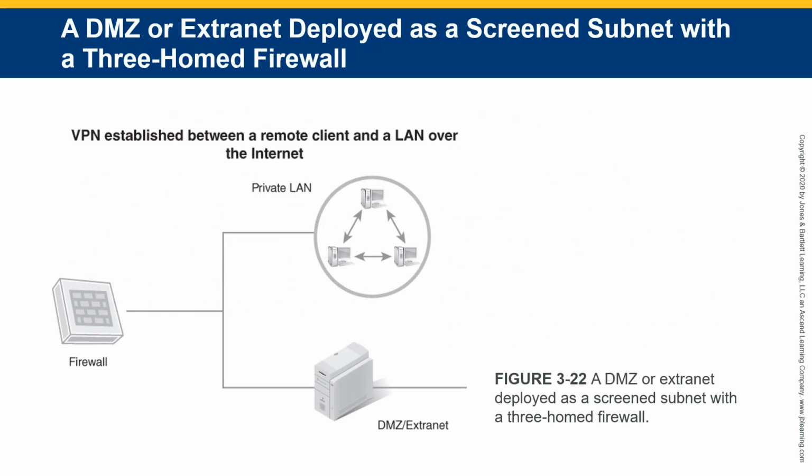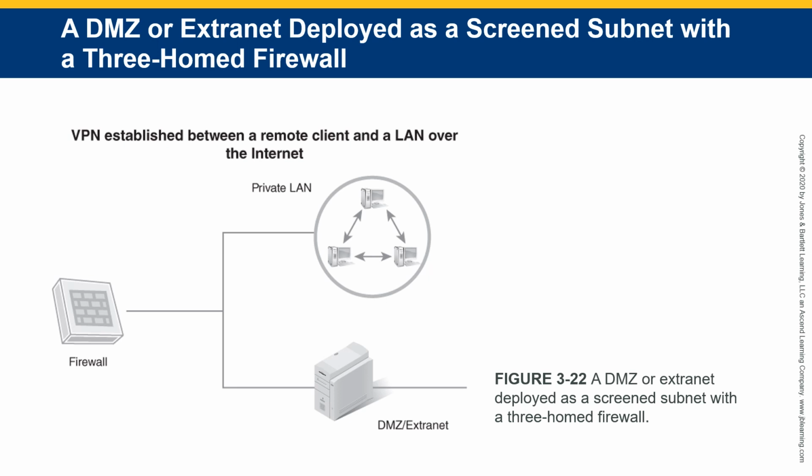All right. So here's an example of a screened subnet with a 3-homed firewall. The firewall has a private LAN and the DMZ extranet.